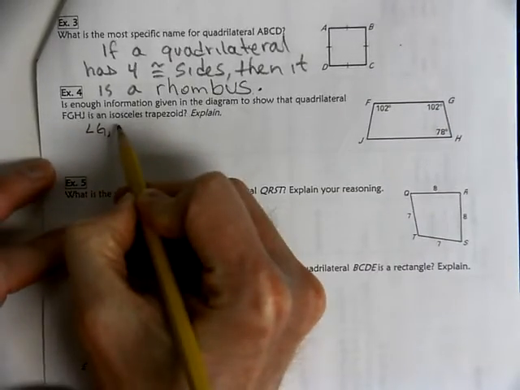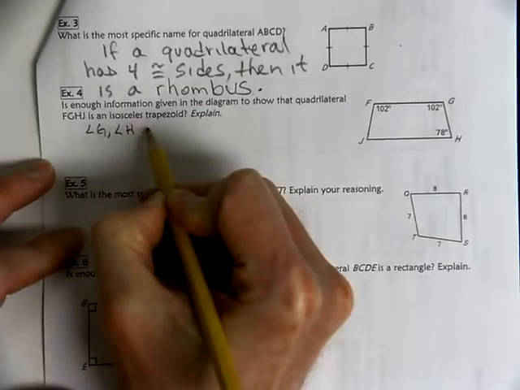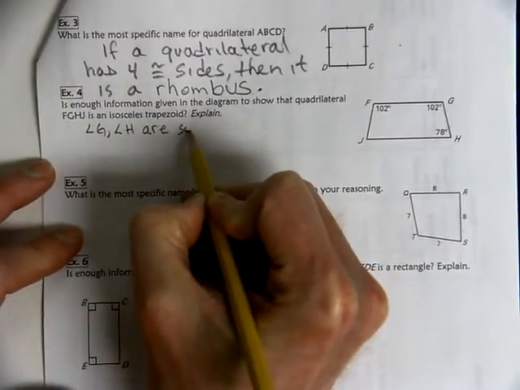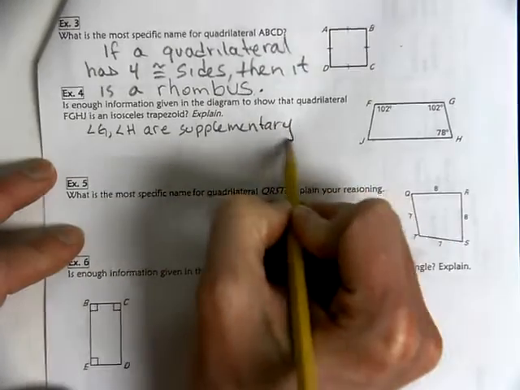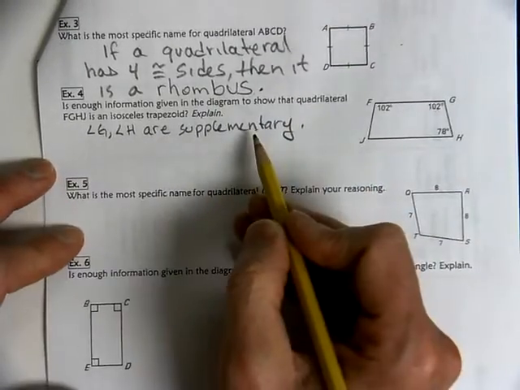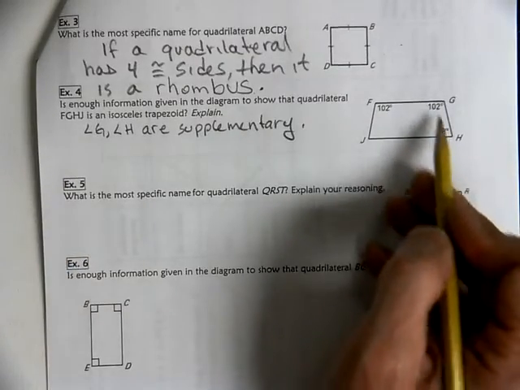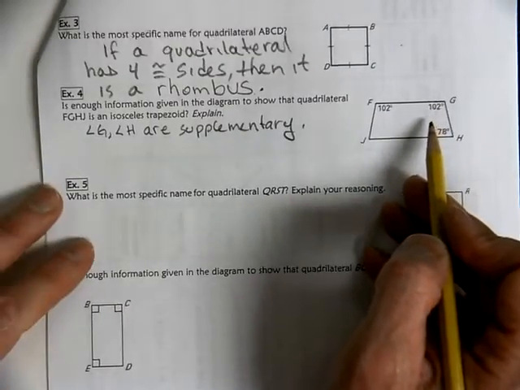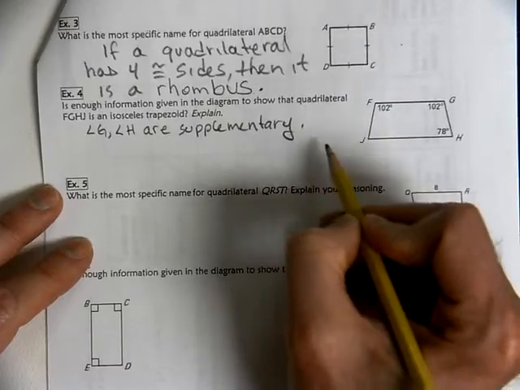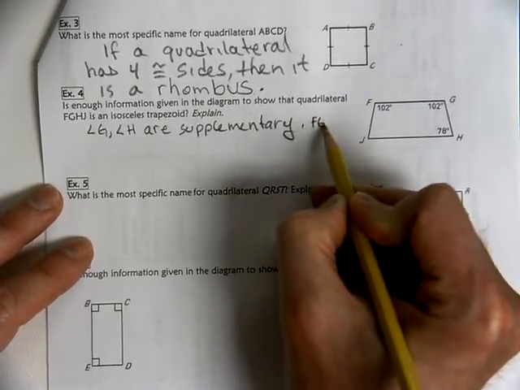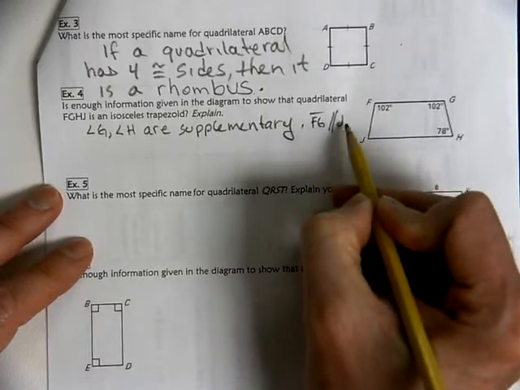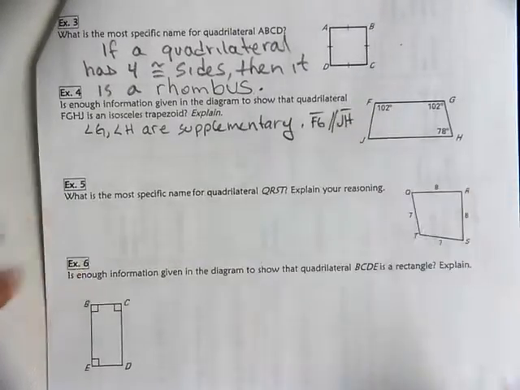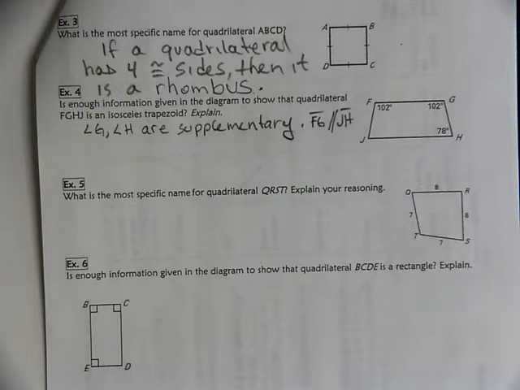Angle G, angle H are supplementary. Because we have 2 angles that add up to 180, we know that segment FG is parallel to segment JH. So yes, we have a trapezoid.